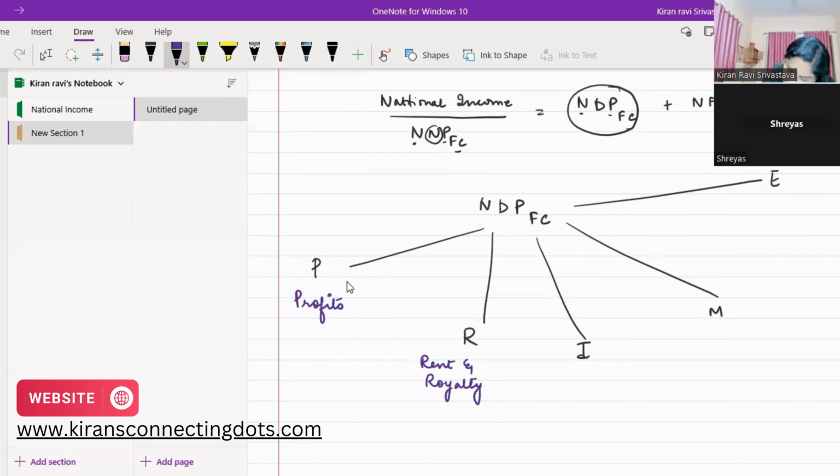I stands for interest. M stands for mixed income. And E stands for compensation of employees. In the book, the elongated formula is given. I have made it in a very easy technique for you to learn. This E stands for employees, so if you remember employees, you will remember compensation of employees.